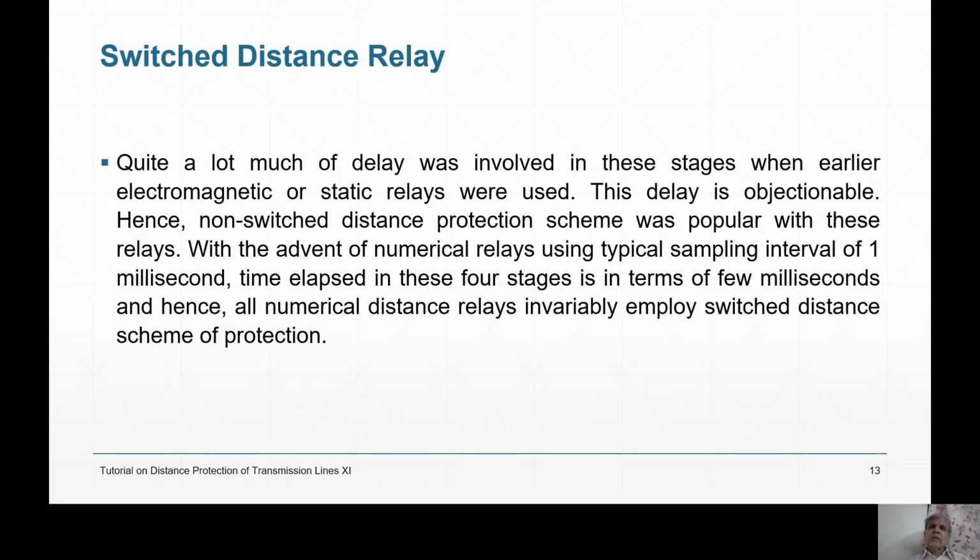Within 1 or 2 or 3 milliseconds, it can do one step, say the classification of the fault. So within a few milliseconds, maximum within a cycle, it will find out whether there is a fault or not, and it will be able to give a signal to the breaker.